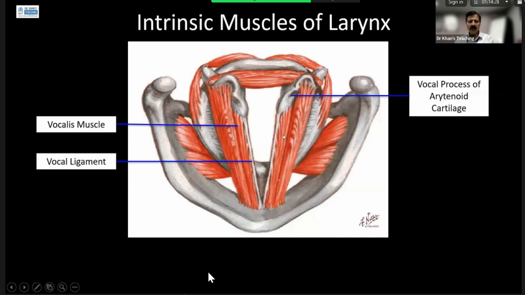You don't even have to remember these names, but there are other endolaryngeal muscles, which include thyroarytenoid, cricothyroid, and cricoarytenoid. But you should have a general idea that there is a muscle here, which is the vocalis muscle.